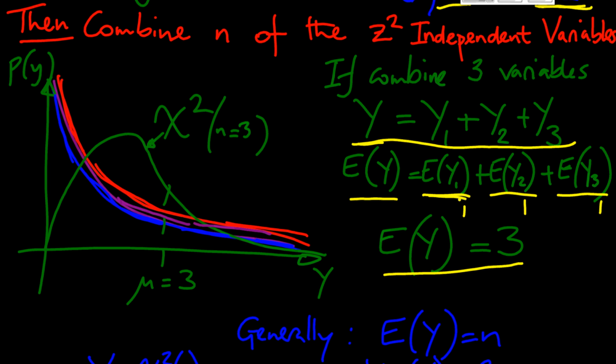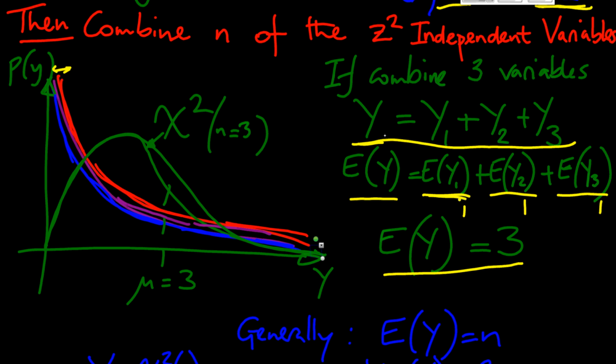So the expected value of this one is going to be 3. And our distribution converts into this sort of shape when we combine them, because there's only a very small area at this end where all three of these probabilities are going to be really low.